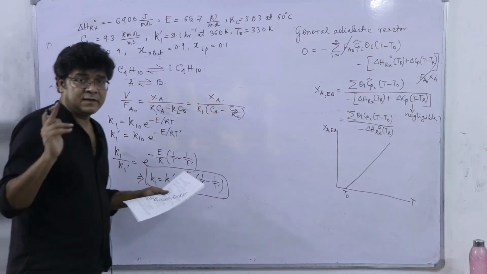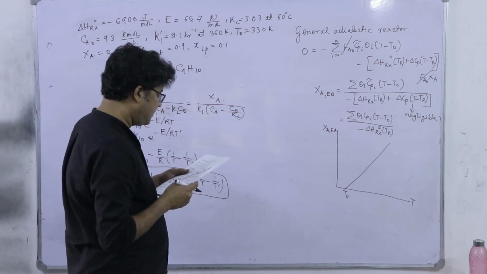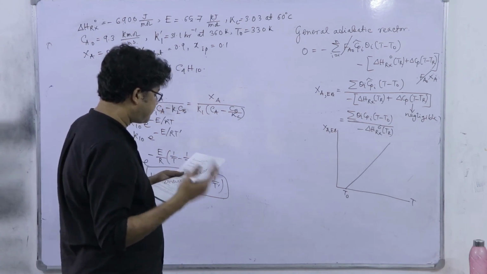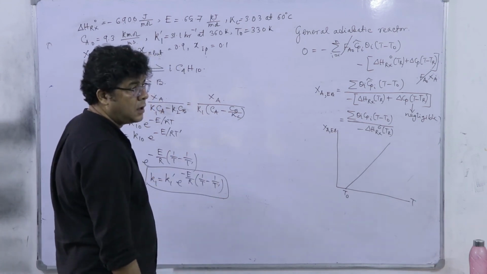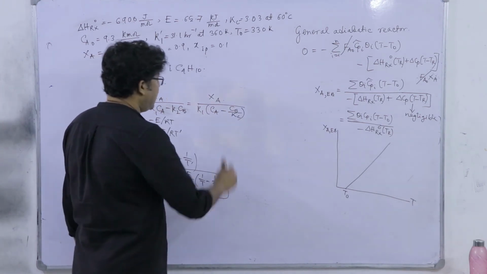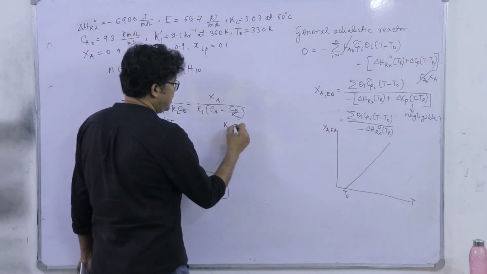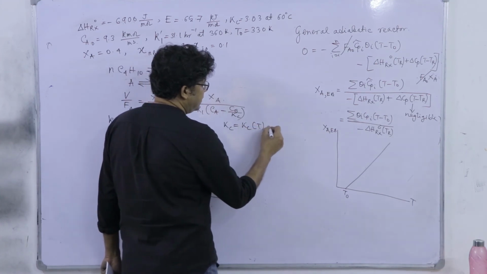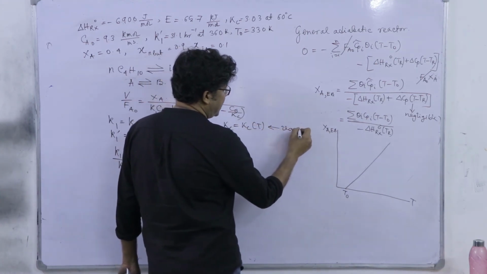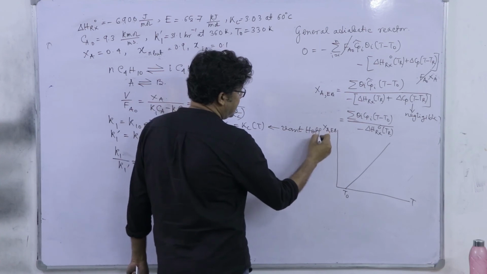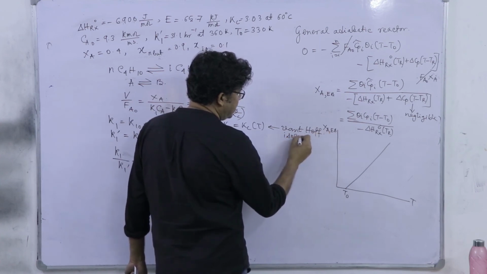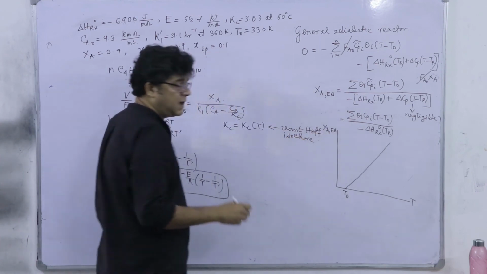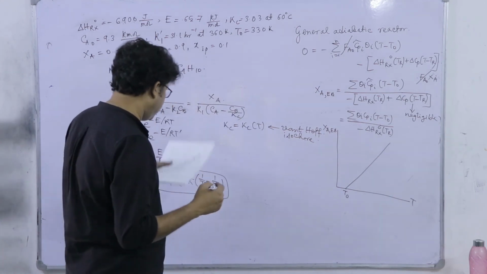Next, Kc. Kc is also dependent on temperature, and that is Kc as a function of temperature. We have to generate it from the Van 't Hoff isochore, whatever we have learned in reaction equilibrium thermodynamics.